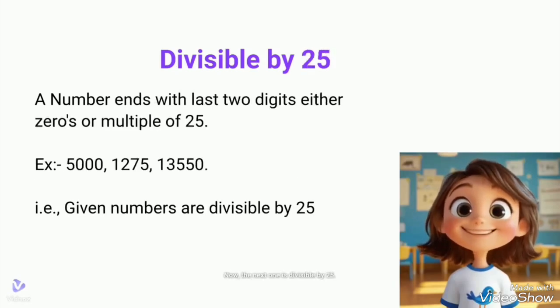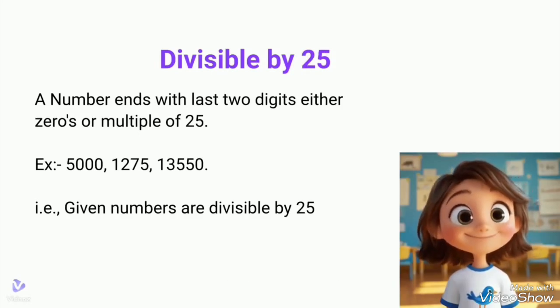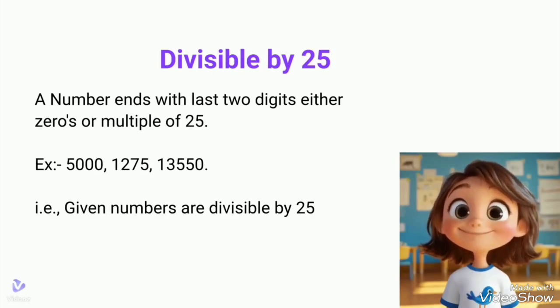Now, the next one is divisible by 25. If the last 2 digits of the given number are either zeros or a multiple of 25, then that given number is divisible by 25. For example, 5000 or 1275 are divisible by 25.